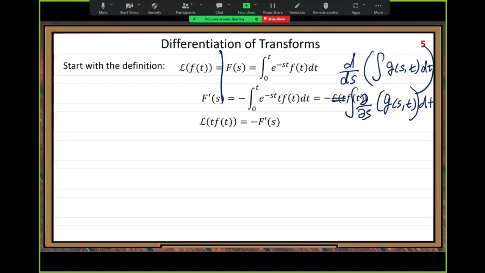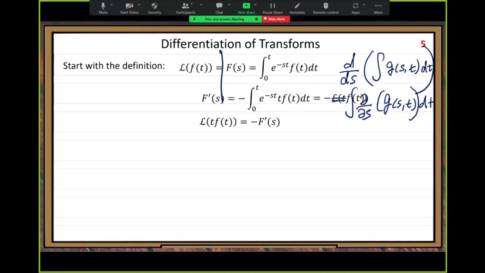Now we can write: after that operation, the Laplace transform of little t times the original f function equals, on the right-hand side, negative capital F prime of s.